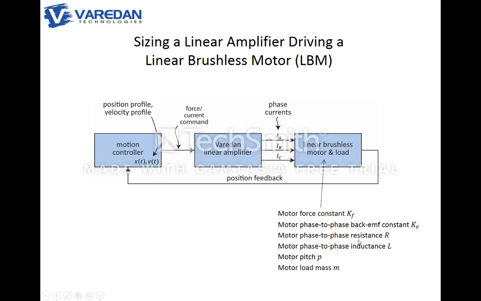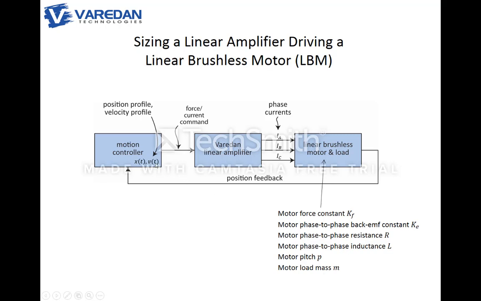Similarly, we need the phase-to-phase resistance, inductance, and the motor pitch, which is the spacing between north poles or equivalently between south poles in the motor structure. And we need the total moving mass of the system, that in the motor and that outside the motor.